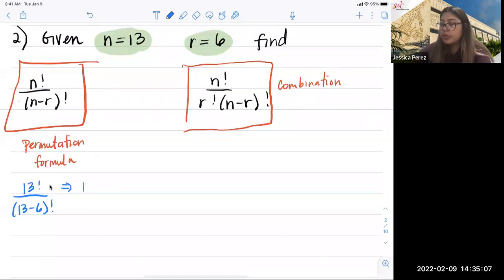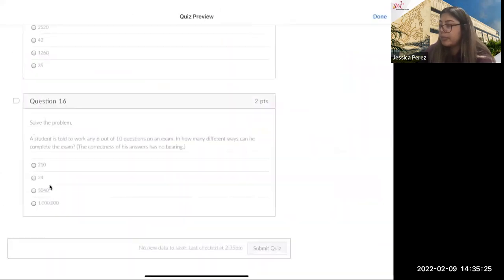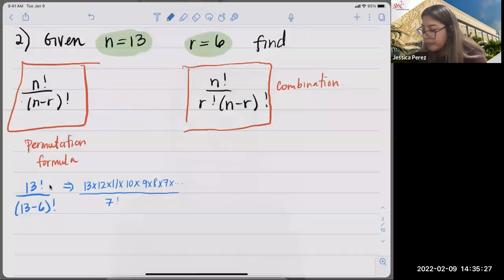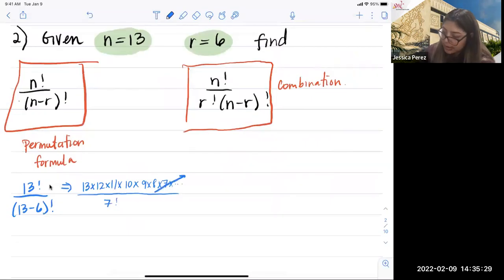So 13 factorial looks like 13 times 12 times 11 times 10 times 9 times 8 times 7 times and so on, all over, well, 13 minus 6 is 7 factorial. Remember that I'm going to be able to cancel this 7 factorial with this 7 factorial. And you should be familiarized with that because you did your quiz.